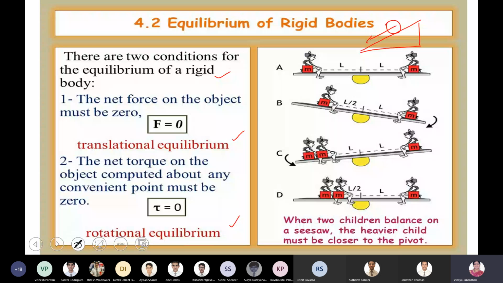And for rotational equilibrium, the net torque should be 0. The net torque must be 0.